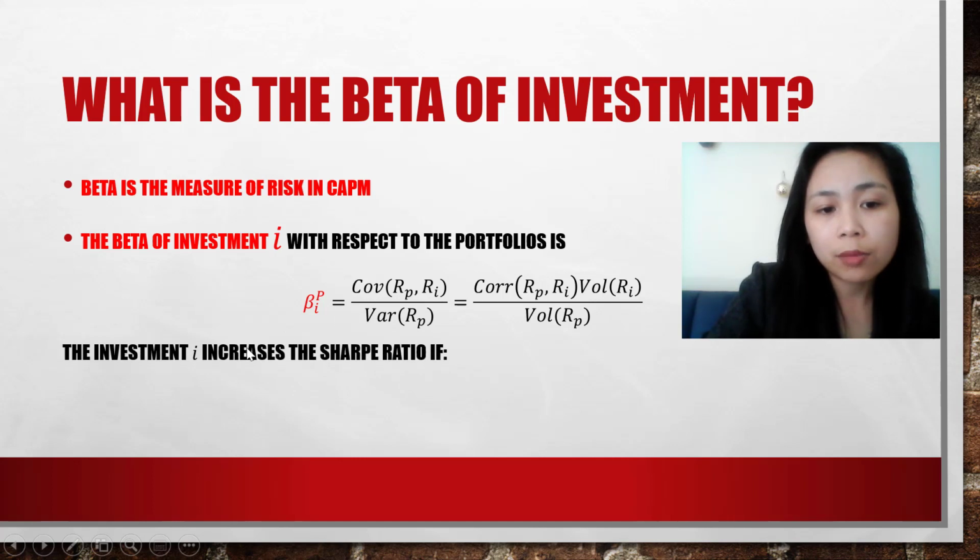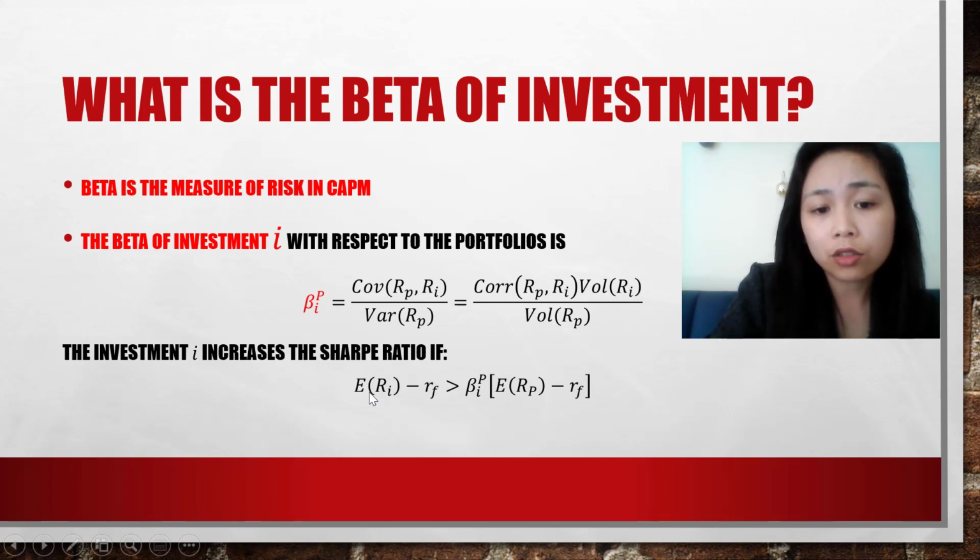And the investment I increases the Sharpe ratio if the risk premium of investment I, RI subtract RF, is greater than the beta of investment I with respect to the portfolio times the risk premium of the portfolio. Here, the left-hand side of this inequality represents the risk premium of the investment I. And the right-hand side, in the bracket, is the risk premium of the portfolio.